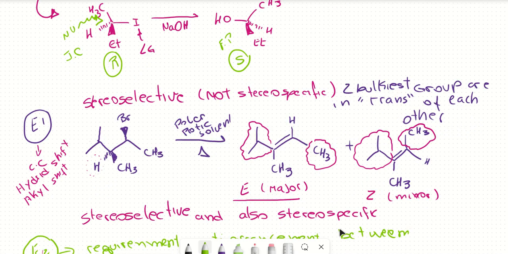And then we have stereoselective. A good example would be E1. So this is not stereospecific. In this, the major product will be E. We have 1, 2, 3 substituents here, and 1, 2, 3 substituents here.